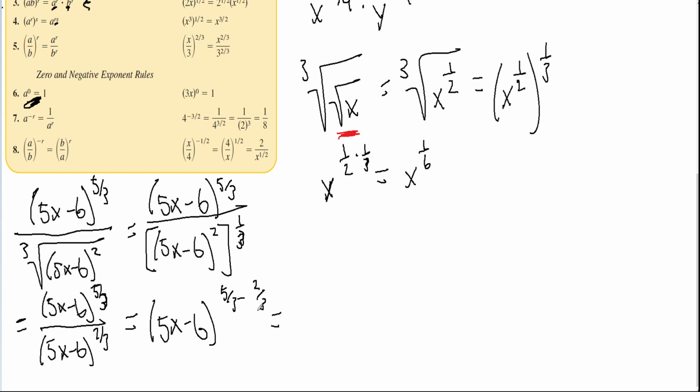So they already have the same denominator, but different numerators, right? So all I have to do is just subtract the numerators. So 5 minus 2 is 3, so I have 3 over 3, and 3 over 3 is 1. So my answer will then be 5x minus 6.